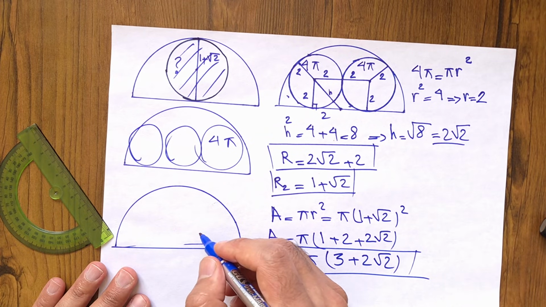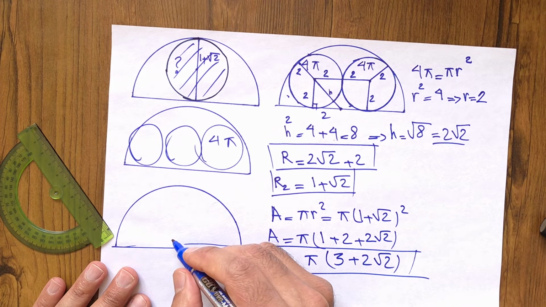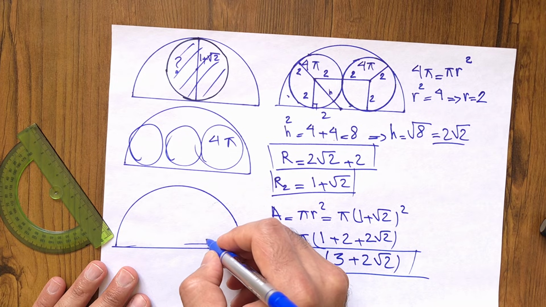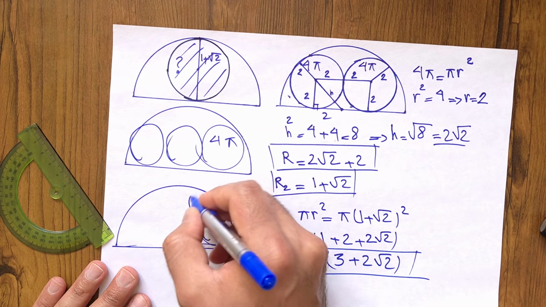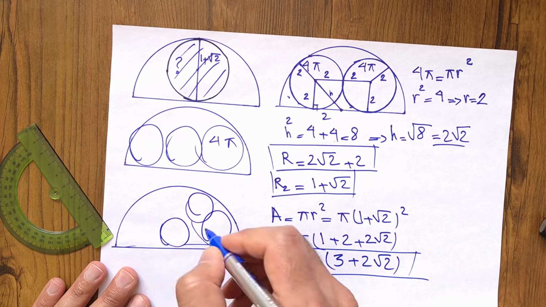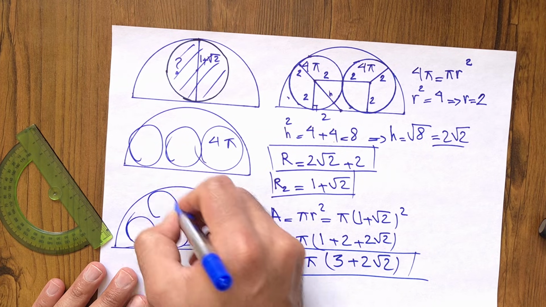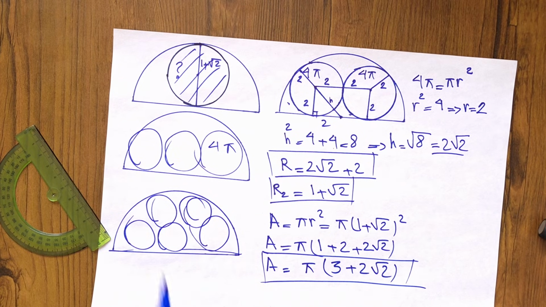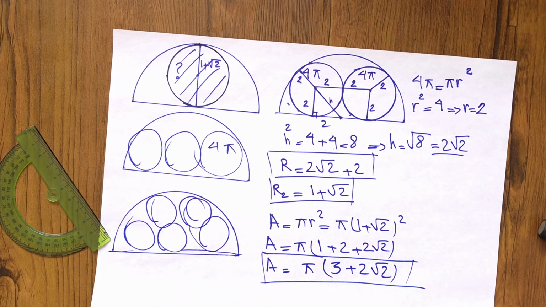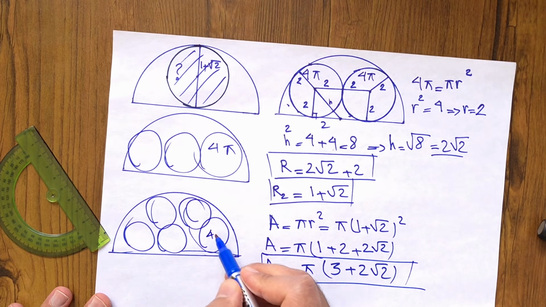Let's say we had 5 circles maybe. The shape may not be so accurate, but all of these circles are tangent to one another, each with the area of 4 pi.